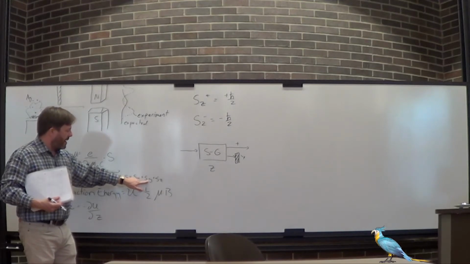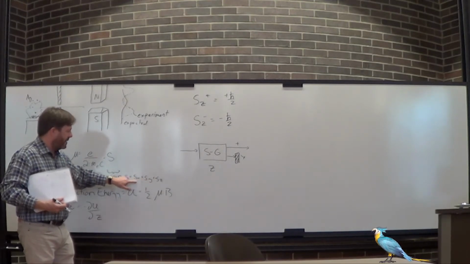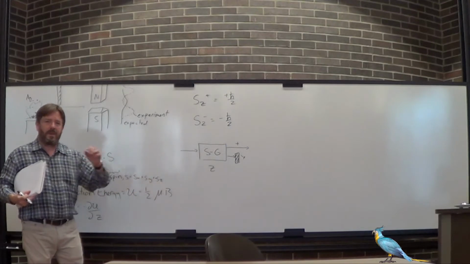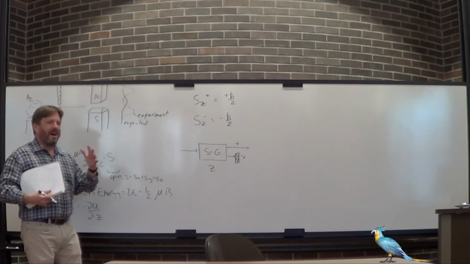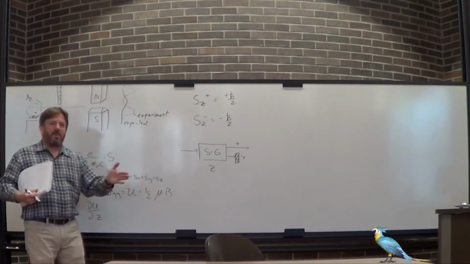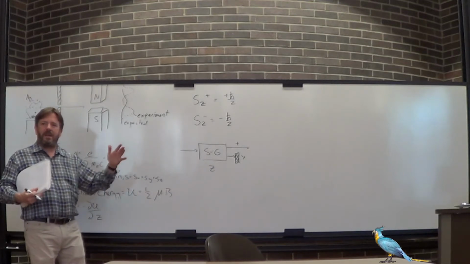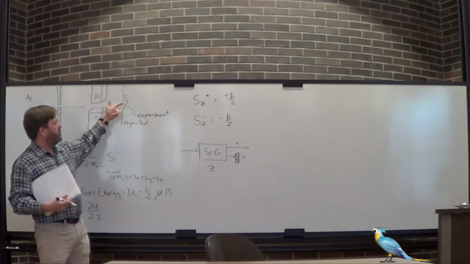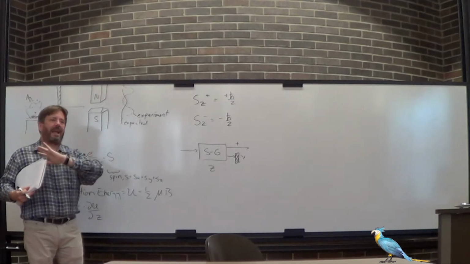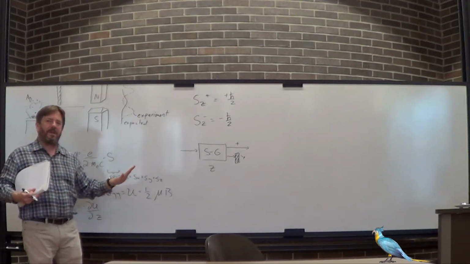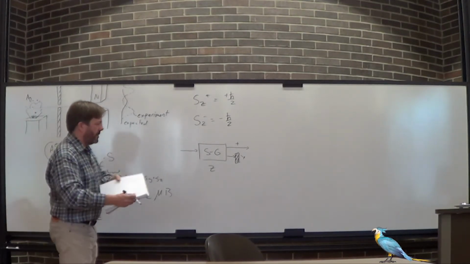This is either up or down by h bar over 2, this is up or down by h bar over 2, this is up or down by h bar over 2. It's not like it's vectoring out to be anything in between; if the magnet goes through just the right way, it should just go straight through. But that's the one thing that will never happen. So that's why this is so freaking weird.